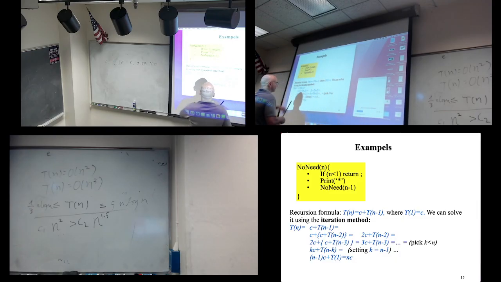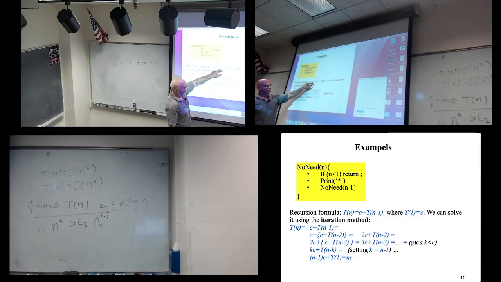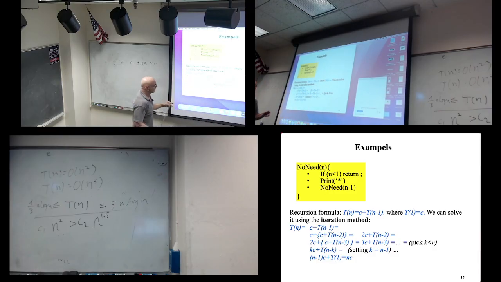This gives us a recursion formula: T of n is constant plus T of n minus 1. It's just an example of a recursion formula where, if we get all the way to T of 1, it's a constant.